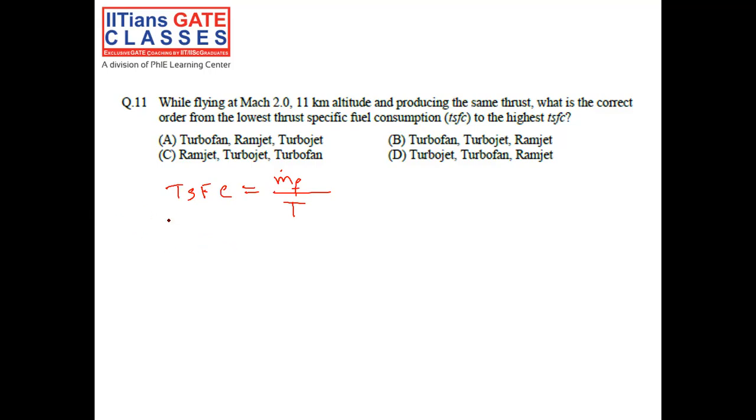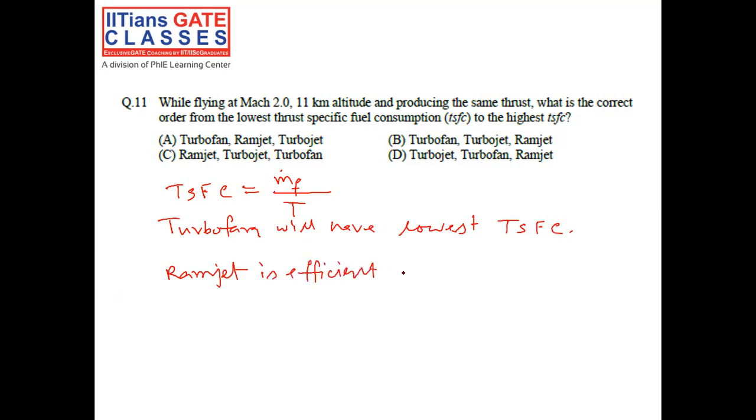So turbofan will have the lowest thrust specific fuel consumption. Now, among turbojet and ramjet, ramjet is mostly efficient in the range of Mach number 2 to 4, and as the Mach number increases, the efficiency of ramjet increases.